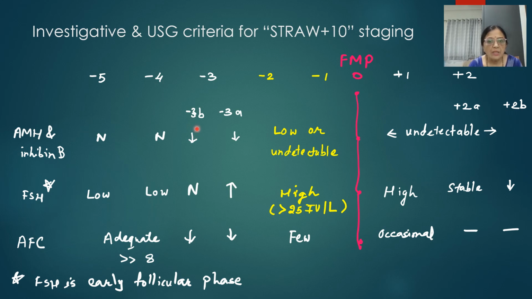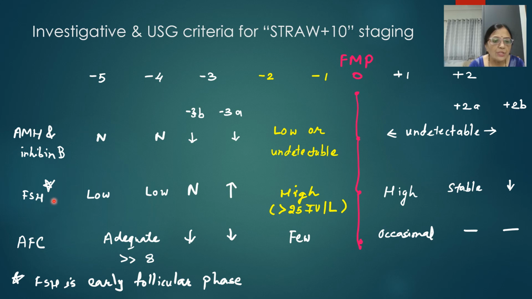So in the -3 phase, the late reproductive phase, a declining trend is seen in anti-Mullerian hormone level as well as in inhibin B. Whereas these two hormones are low or undetectable in the menopausal transition phase, that is -2, -1, early and late menopausal transition, and post-menopausally these two hormones remain undetectable.